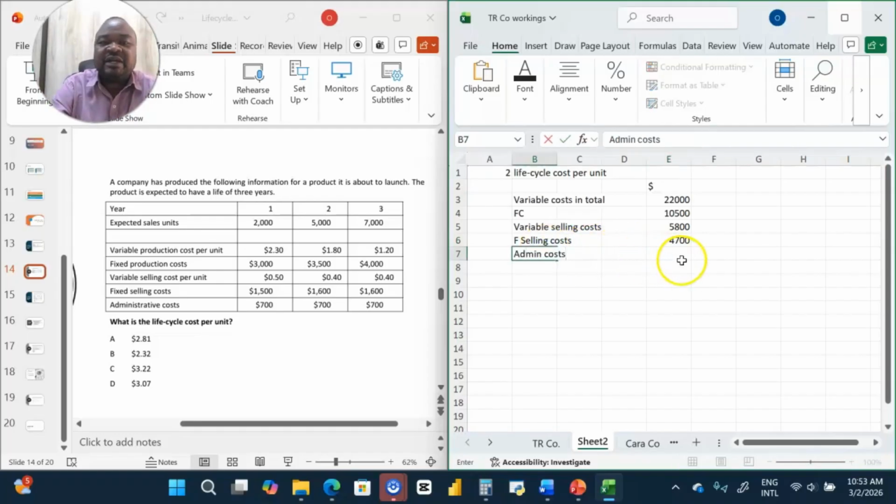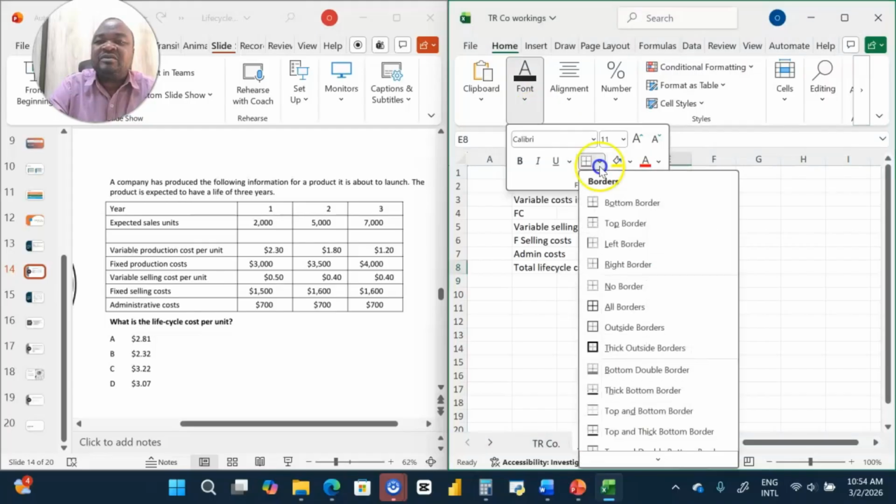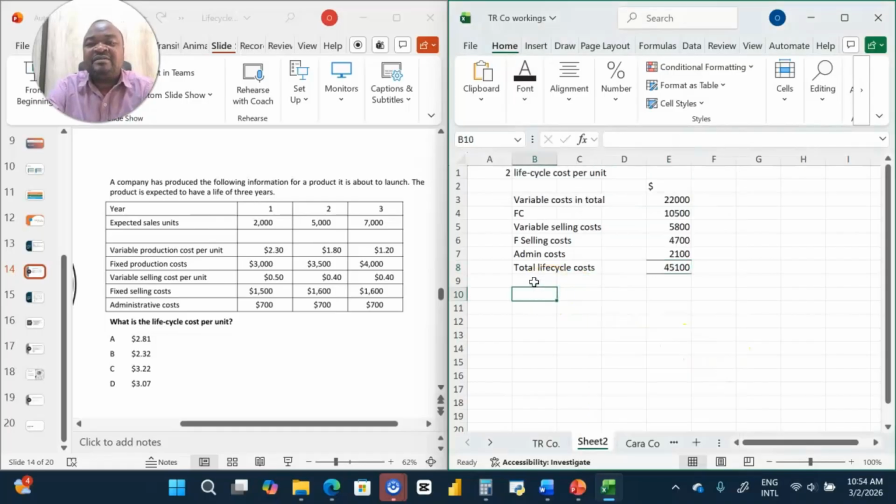Then lastly, admin costs. These ones were again in total, so that's equal sign 700 times 3. You can simply say 700 multiplied by 3, and you get your 2,100. Then you get your total life cycle cost. So that sum gets 45,000. So that was very quick, isn't it? And then units.